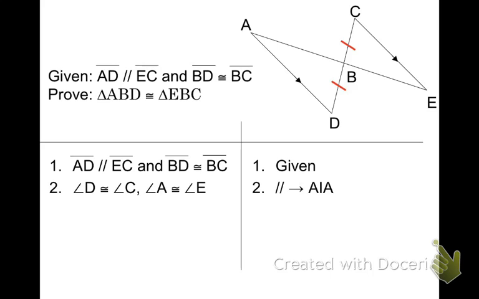And actually A and E are in the same situation, only the transversal is this segment AE. There's your transversal, and the angles are alternate, on either side of that transversal. Alright, so we've got a couple segments that are congruent. We now have two pairs of congruent angles. That's all we need for angle, angle, side.